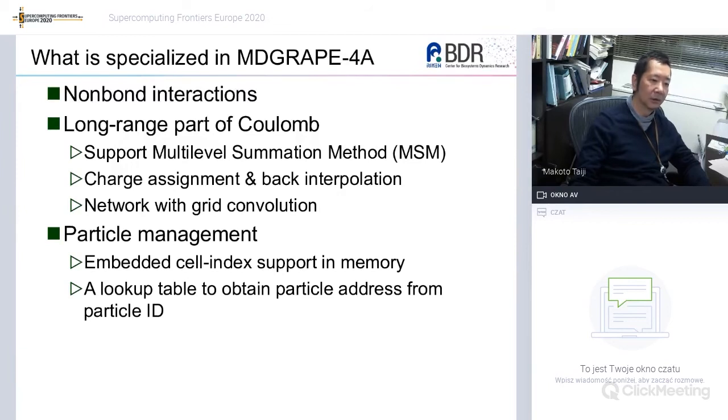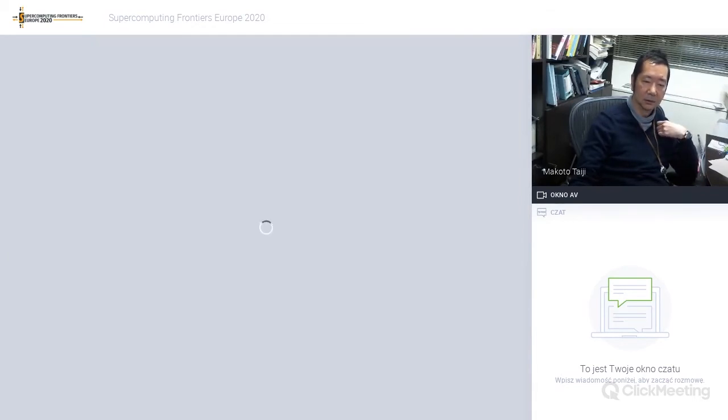We also added some kind of particle management. Now serial index support is embedded in memory as hardware, for example a lookup table to obtain particle address from particle ID. This kind of specialized hardware has been embedded. These are all new parts compared with previous GRAPE systems.